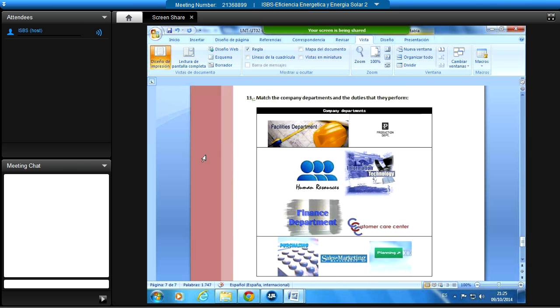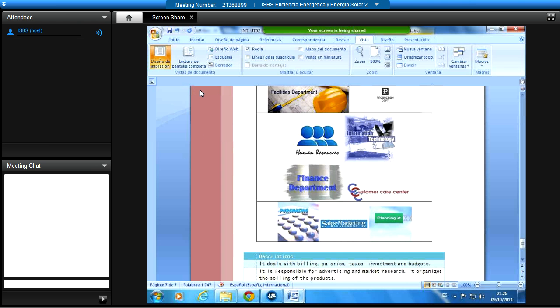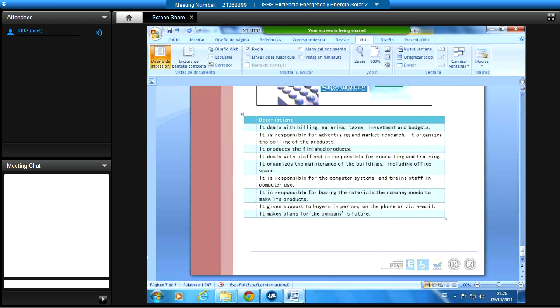So you have pictures of different departments. This is in the last page. Facilities department. This is production department, human resources, information technology, finance, customer care, etc. So you have to match the names of the departments with the functions, with the responsibilities.